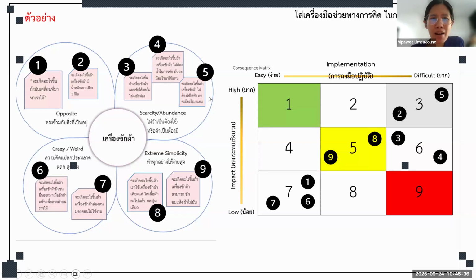For example, number 5, what if I use a washing machine without electricity? And could use a bicycle to move the washing machine to wash the clothes. So I decided it's number 3 in the consequence matrix here, because to implement it is difficult. Positive impact could be high. I could save my electricity.